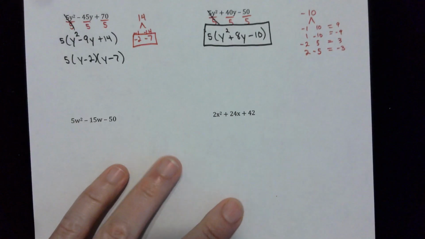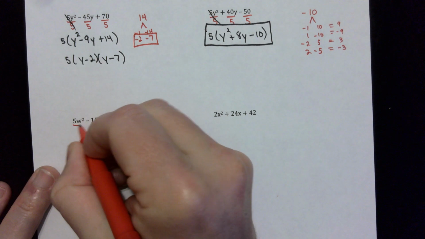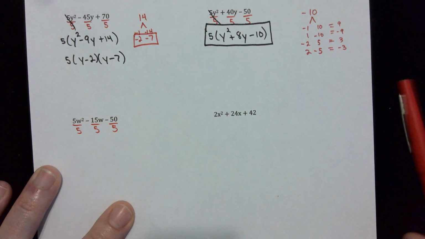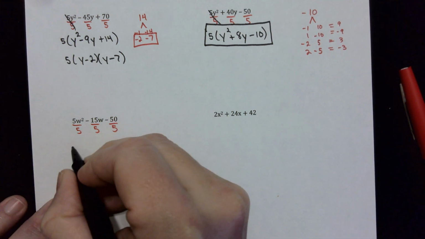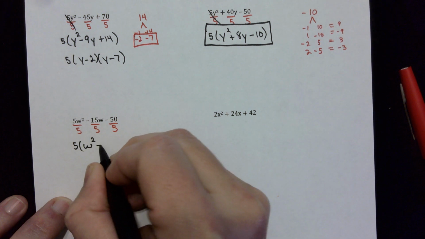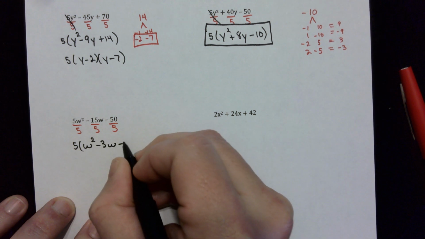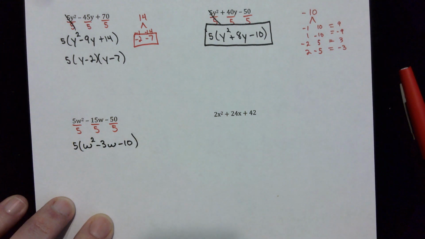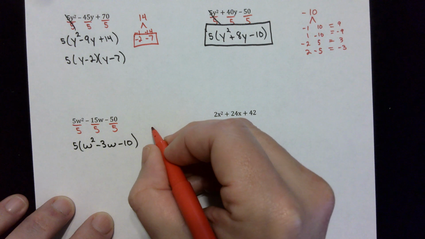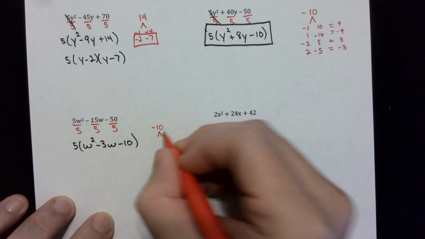Okay. All right, let's go to the next one. So we divide by 5 again. That gives me 5 out front, and then we have w squared minus 3w minus 10. So divide each one of those terms by 5. Now we're looking for factors of negative 10 that add up to negative 3.